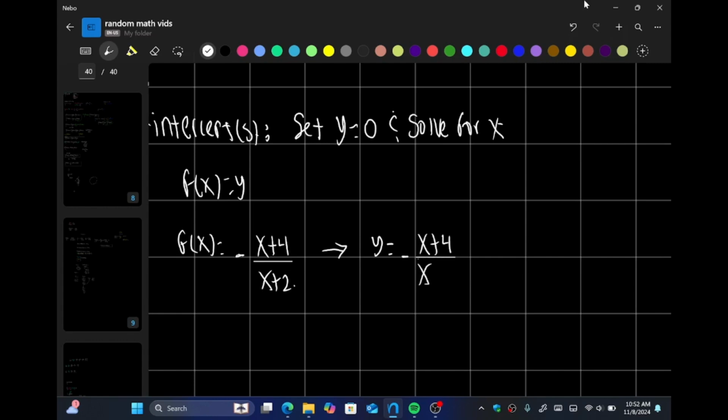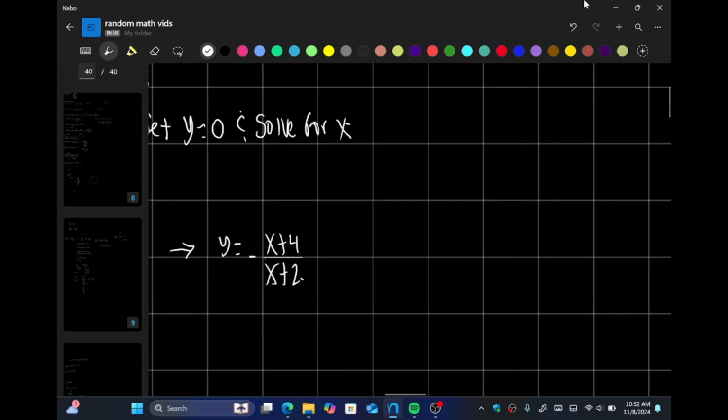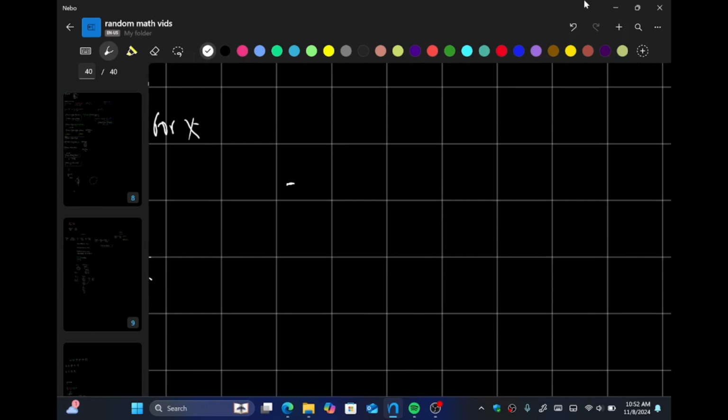You want to be careful that you understand that negative x plus h over x plus k is not the same as negative parentheses x plus h over x plus k.